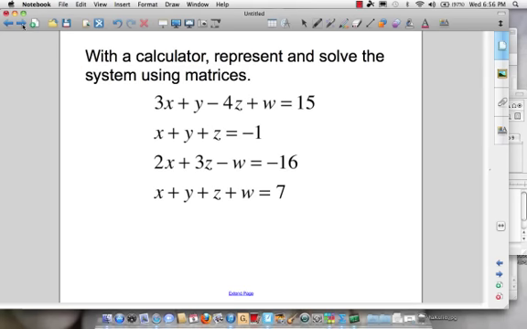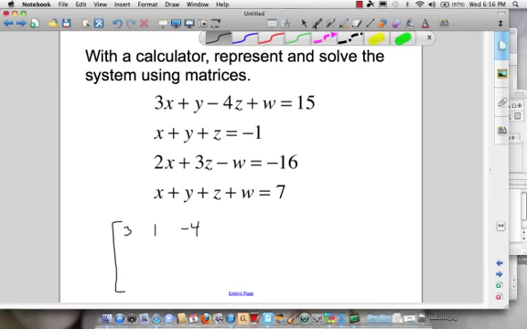Section 6.3 involved representing and solving systems of equations using matrices. So this will require a calculator, and so what you're going to do to find the solution here, you're going to take the matrix made up of the coefficients for X, Y, Z, and W. Oops, that should be a 1.